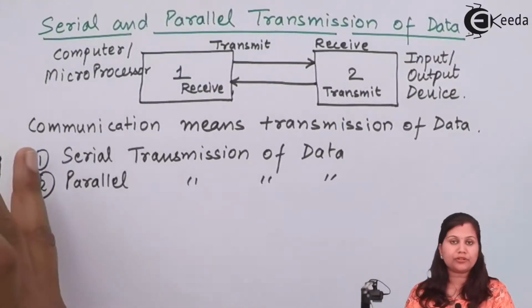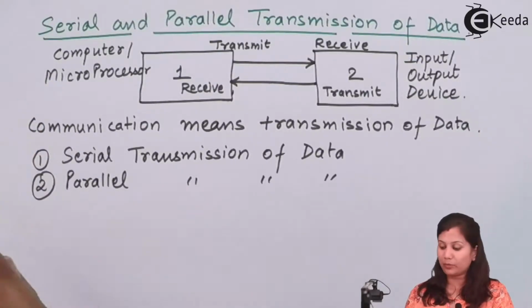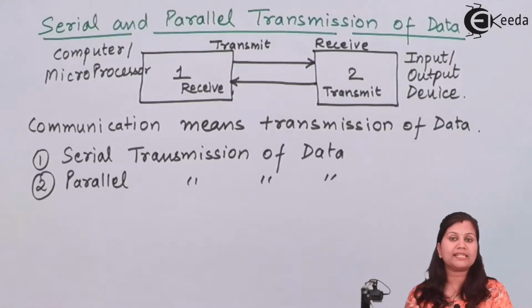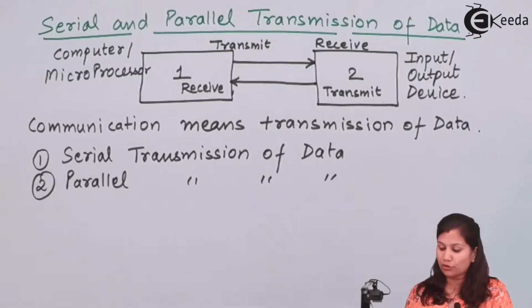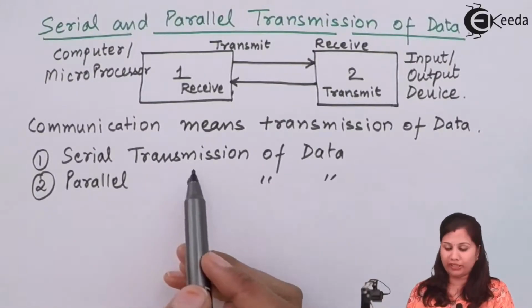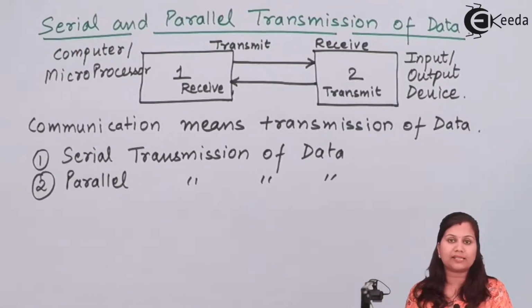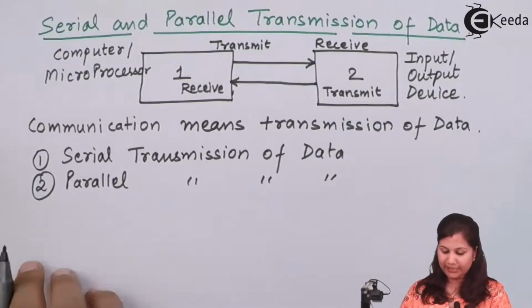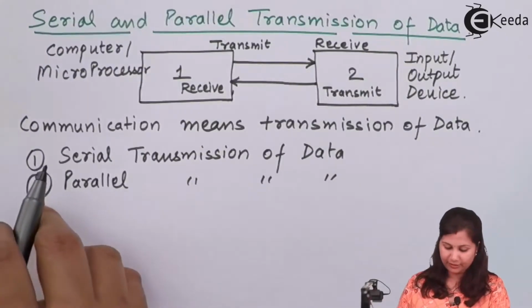So whenever computers or microprocessors are communicating with the input output devices, or we can say the peripheral devices, they can use serial transmission of data or they can use parallel transmission of data. So let's see the difference.